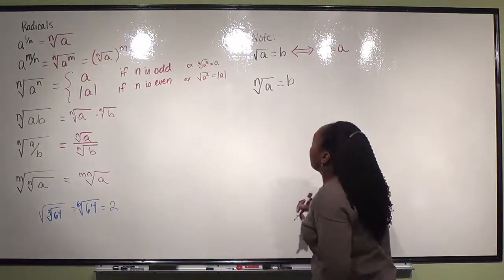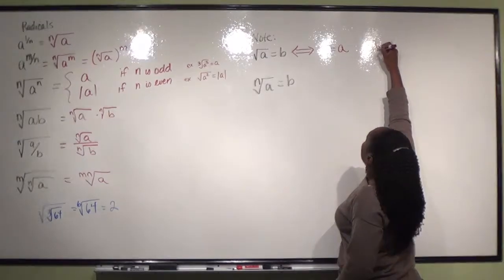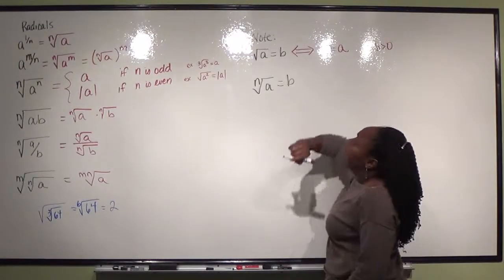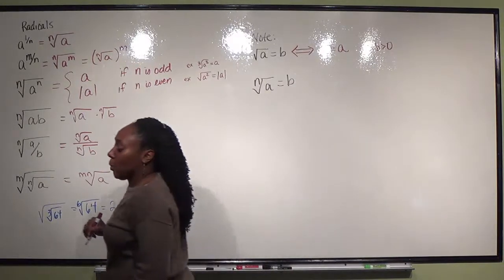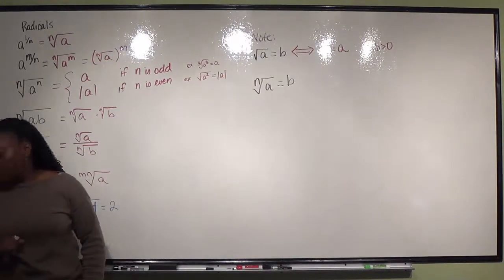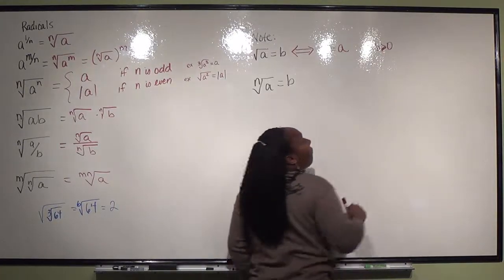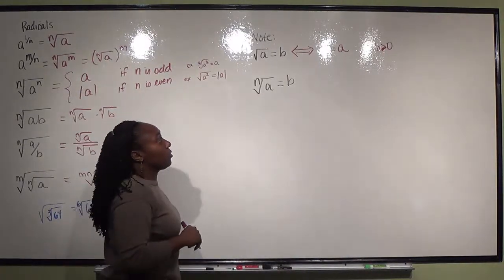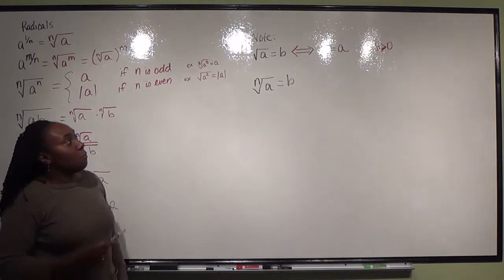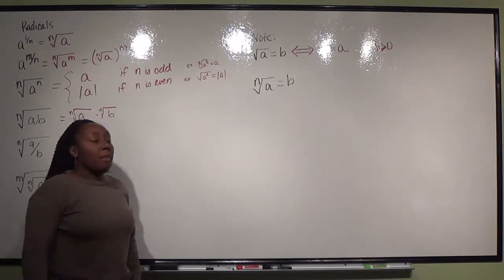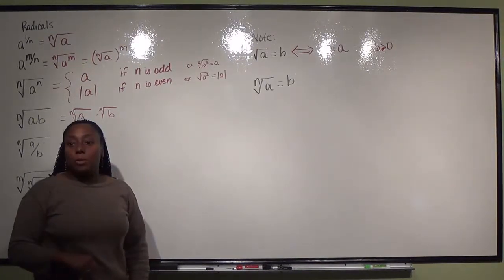In this case, b does need to be greater than or equal to 0, because I cannot have a square root equaling a negative number. But this also says if b squared is equal to a, then b has to equal the square root of a.